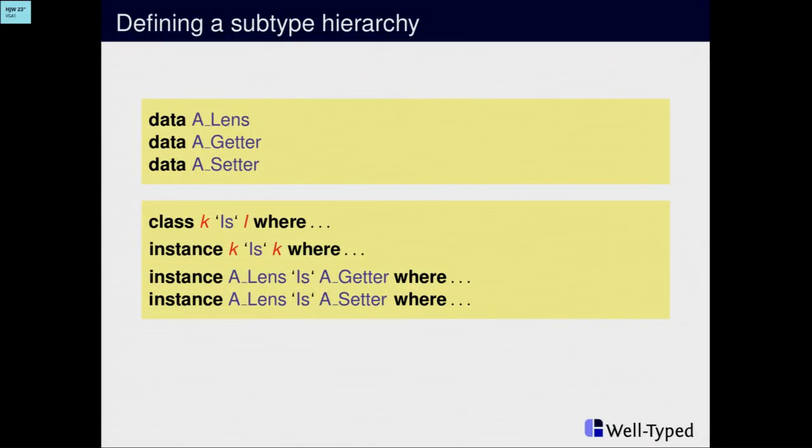And I'm going to define a class called is for expressing the subtyping relationships between them. So it's a multi-parameter type class with 2 parameters k and l, and I can give it an instance that says it's reflexive, and then for each of the pairs of points in this subtype hierarchy where one type is a subtype of another, I can give another instance.